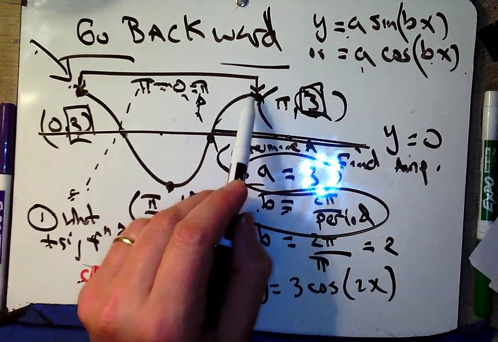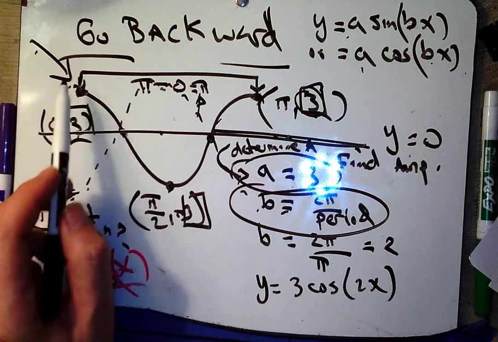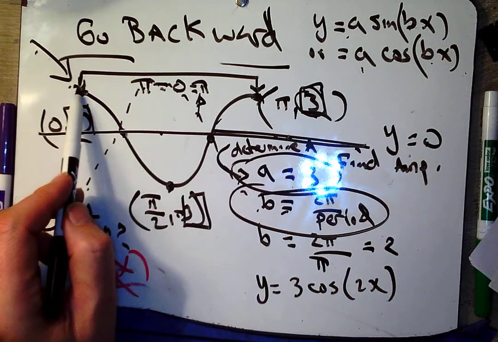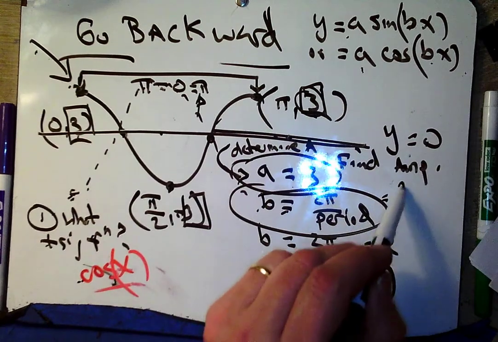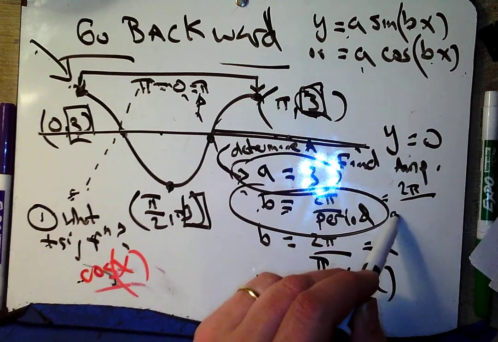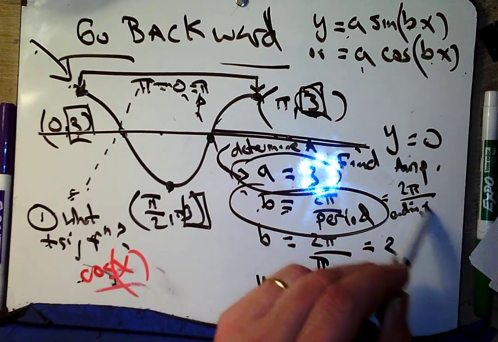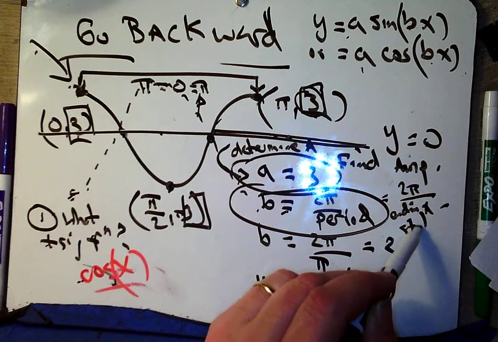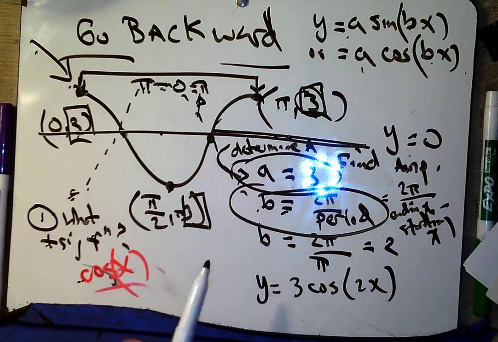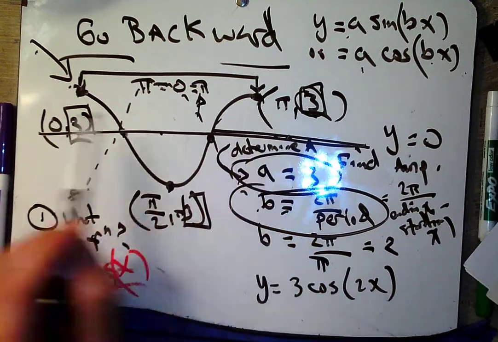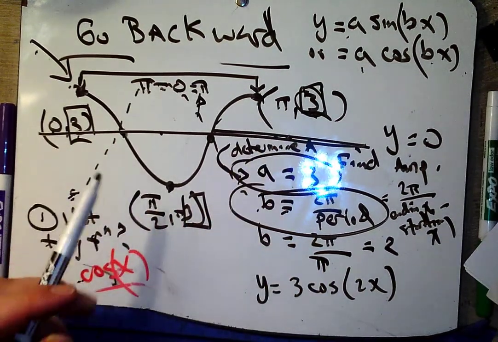Be careful about determining period, you know, from starting x value to ending x value. Period is ending x minus starting x. So my ending x is pi, my starting x is 0.